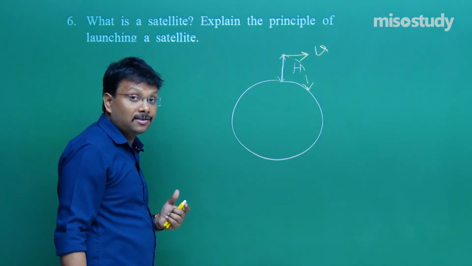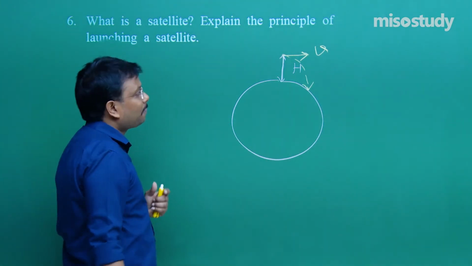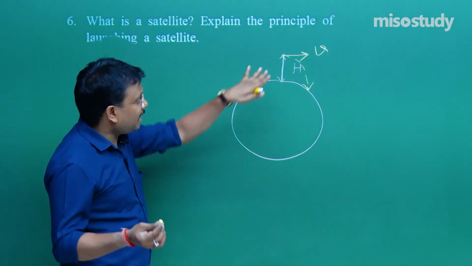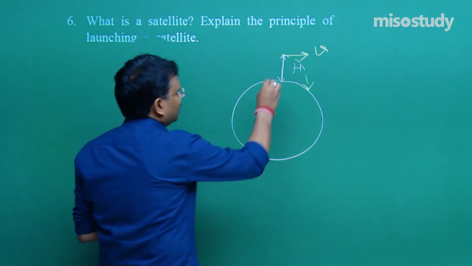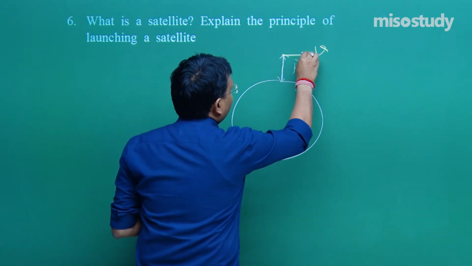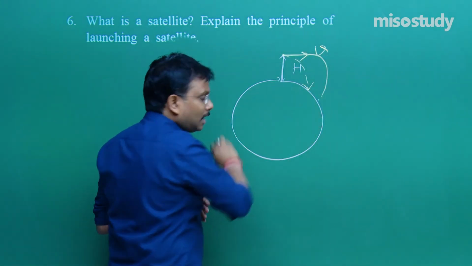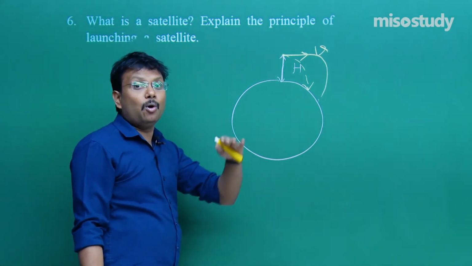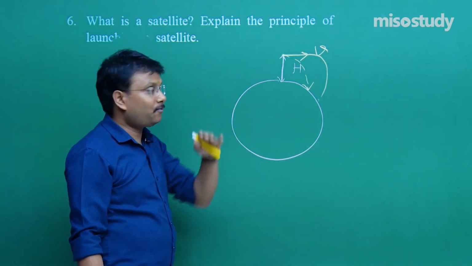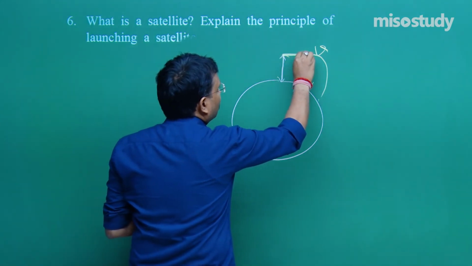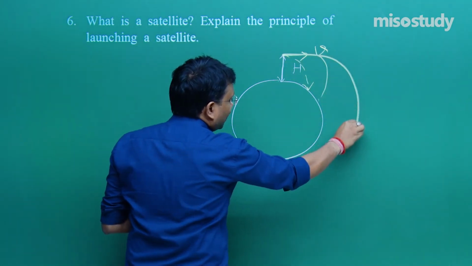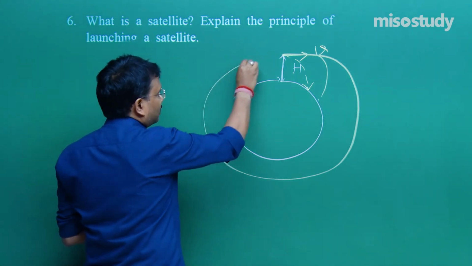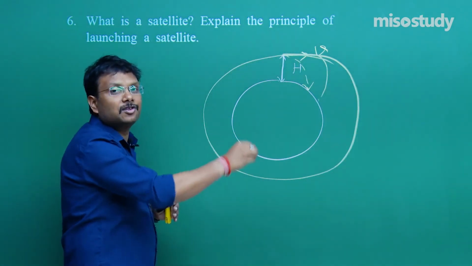This is something that we discussed during the discussion of motion in a plane. Now, let us say we increase the velocity. Height is the same, increase the velocity, then it will fall somewhere here. Increase the velocity more, fine. So, what will happen? It has the tendency to fall down, but it keeps curving like this. This is the principle.